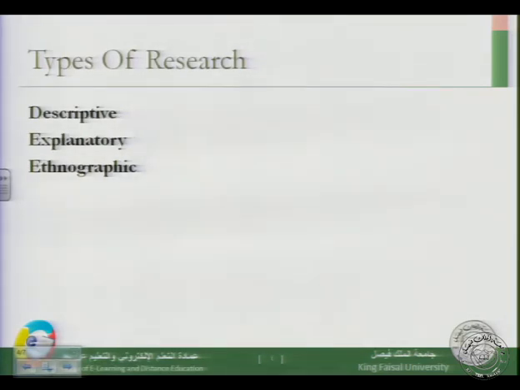So I don't have enough data about it. For example, I go to Al-Hijaz, Jeddah, Mecca, Al-Madina, and then I start to study the accents of the people, start asking them different questions until I get a clearer picture. This is ethnographic, and we are not going to deal with it much.